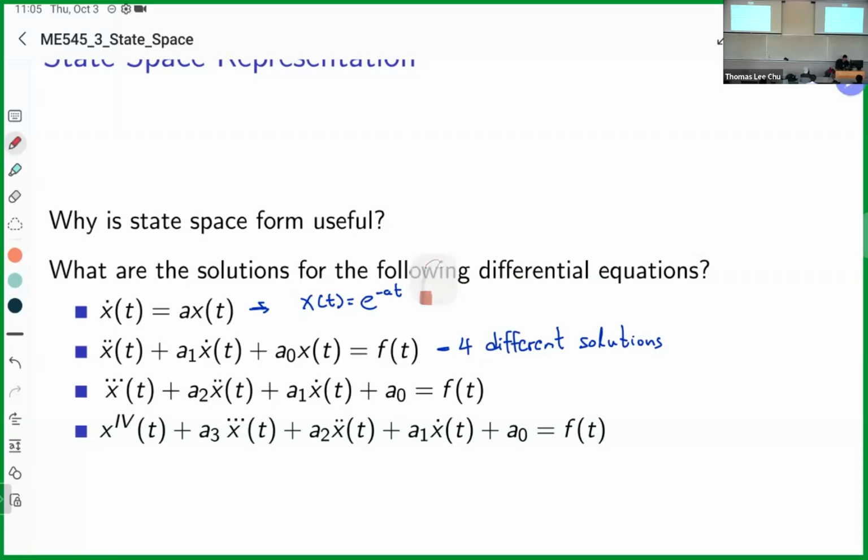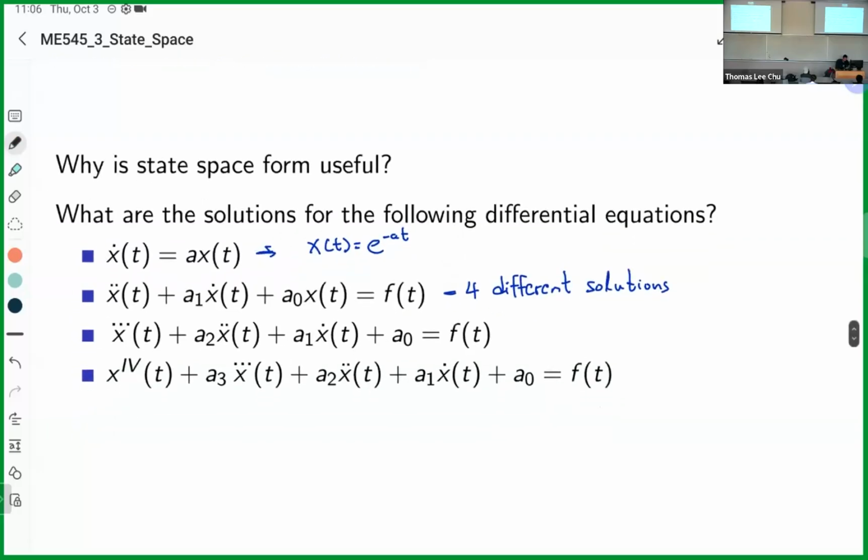So the reason why we like state space representation is that any higher order differential equation can be expressed as a first order differential equation in matrix form.